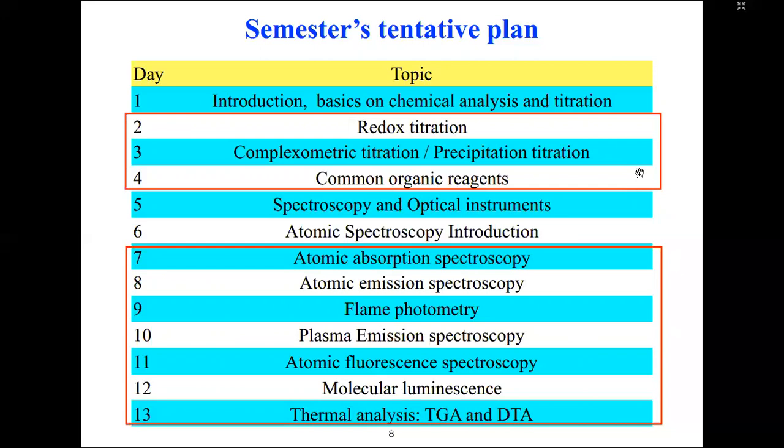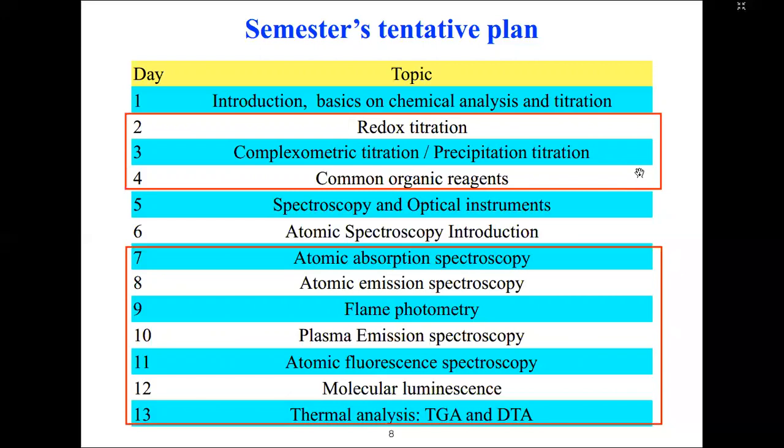Those are all based on titration. And then we'll have 2 different lectures, lectures 5 and 6, as an introductory lecture for the rest of the course. So the first highlighted box is part 1 and the second highlighted box is for part 2.